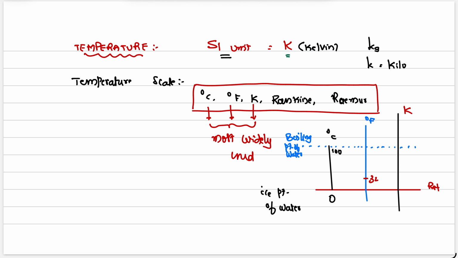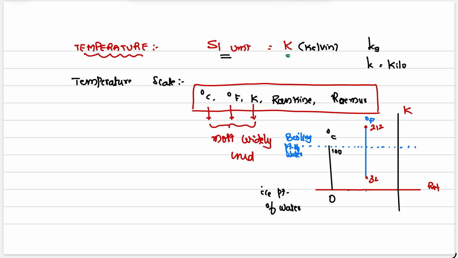Are you able to follow me? Please. Let us remove this because we have taken the ice point. The ice point started here. Boiling point is 212. These are the standard values we measured with different equipment. We will talk about the equipment afterwards.